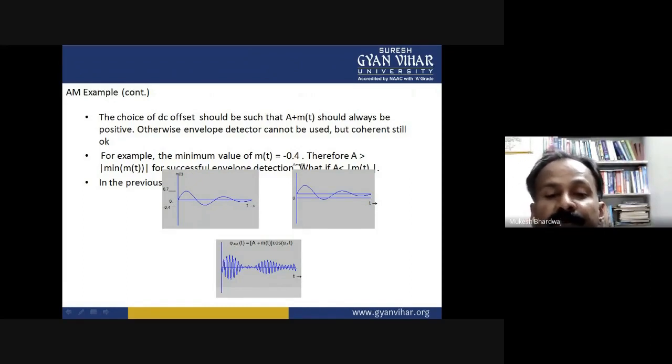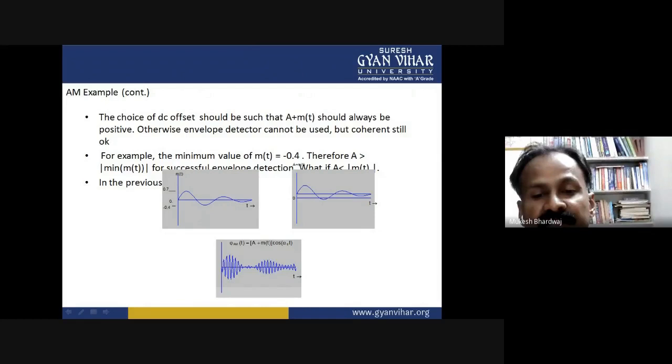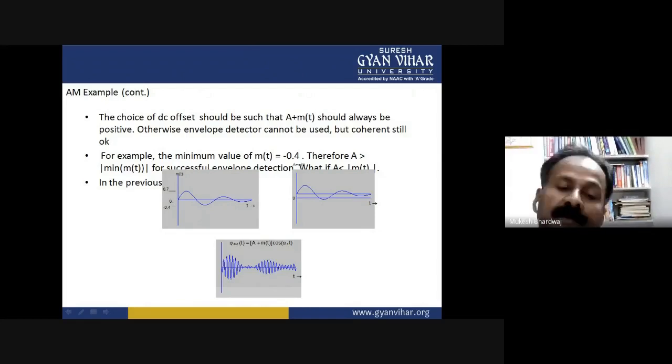In amplitude modulation, the amplitude of a sinusoidal carrier wave is varied in accordance with the baseband signal. On the other hand, in angle modulation, the angle of the sinusoidal carrier wave is varied in accordance with the baseband signal.